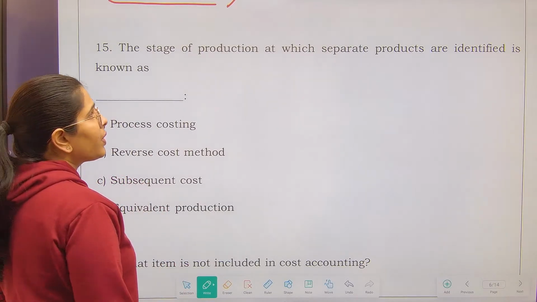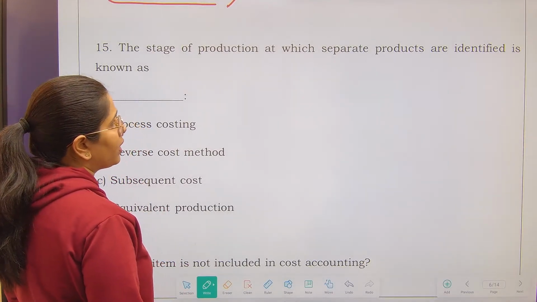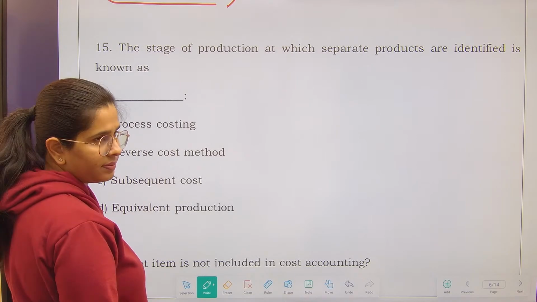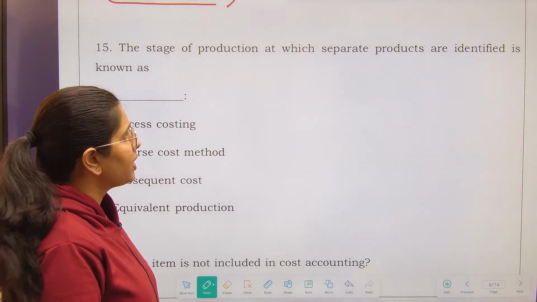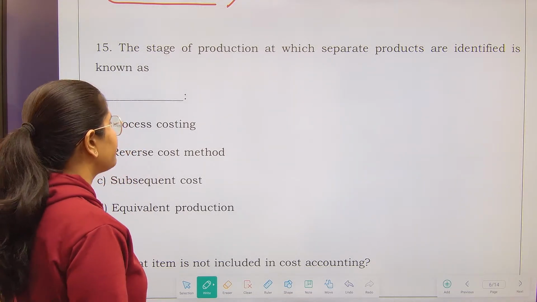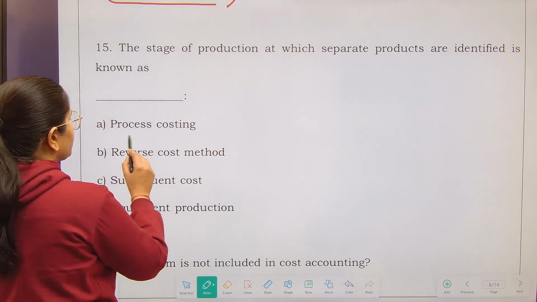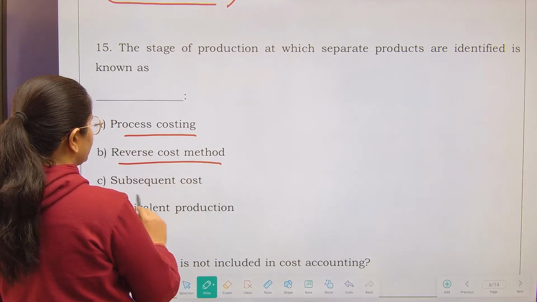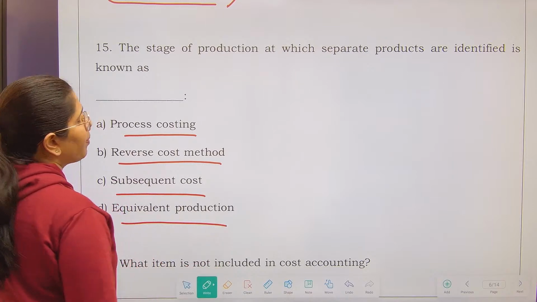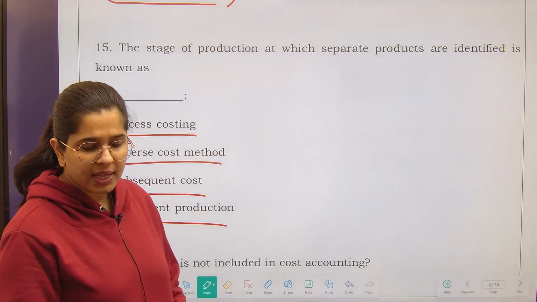Next, the stage of production at which separate products are identified. The stage of production at which separate products are identified is known as process costing, reverse cost method, subsequent cost, equivalent production. What will be the answer for this?